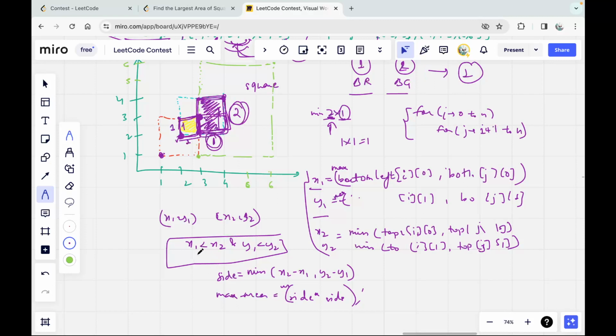After that, we're simply checking if the intersecting part exists. How? If x1 is less than x2 and y1 is less than y2, only then there is going to be some intersection part. So if we have some intersection part, we have to get the side. Now the side is definitely going to be the lesser value among the differences x2 minus x1 and y2 minus y1. And then you have to simply get the area. So that is the whole logic.